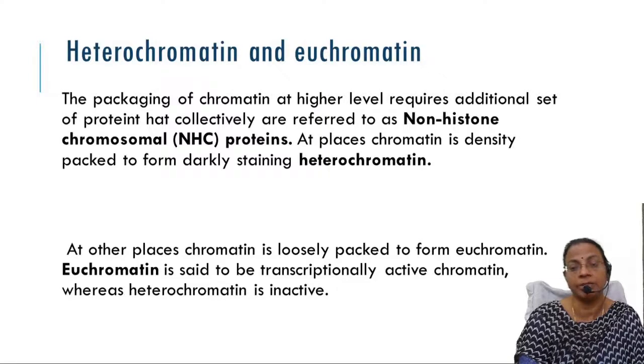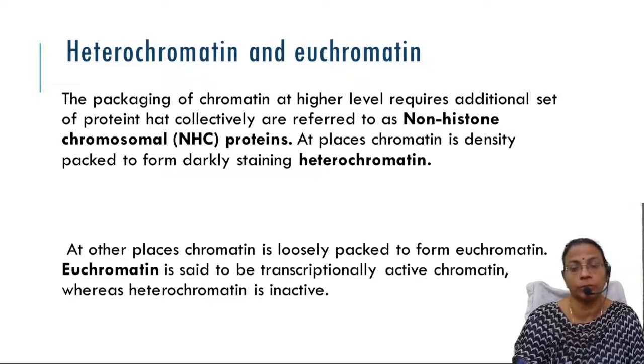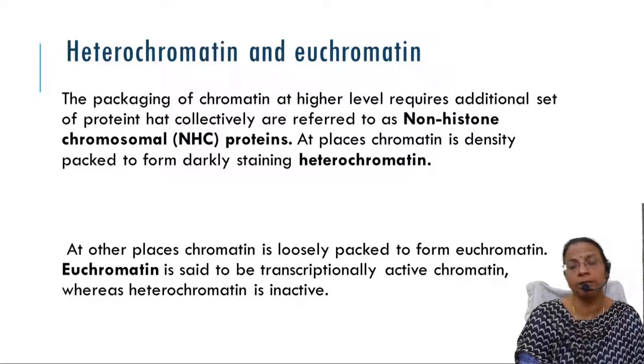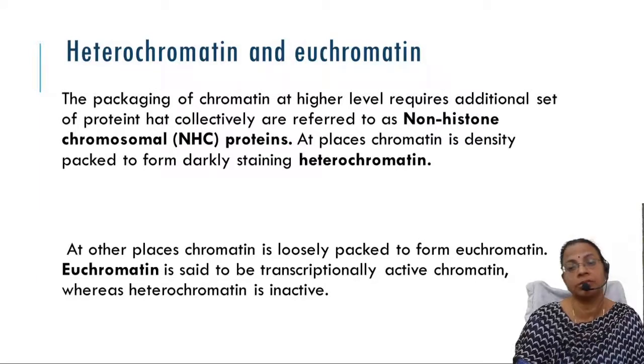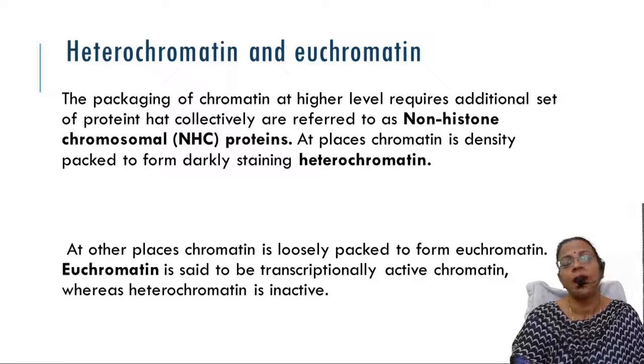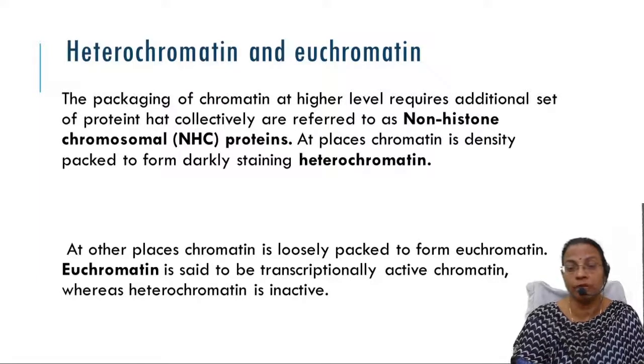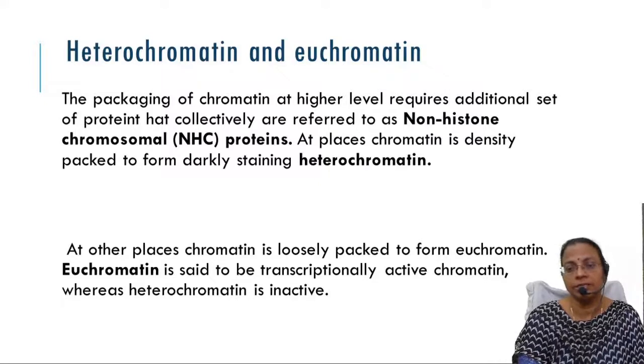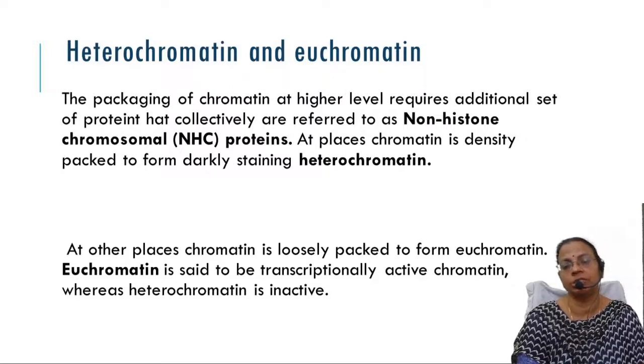That means histone proteins and non-histone proteins will be removed and the DNA is about to separate, and one of the strands will act as the template from which the RNA will be formed. That process is called transcription. So wherever the lightly stained areas are, they are called euchromatin. That means that particular region is initiating the synthesis of RNA, transcription.